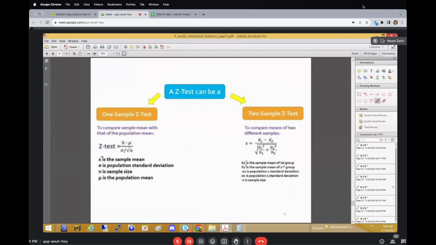Similarly, the g-test can also be a one sample g-test or a two sample g-test. One sample g-test we have already discussed.